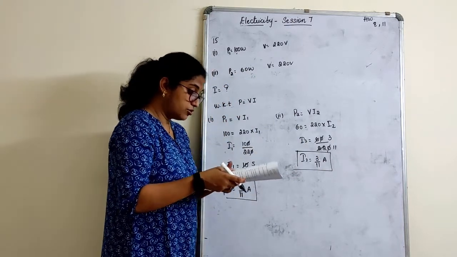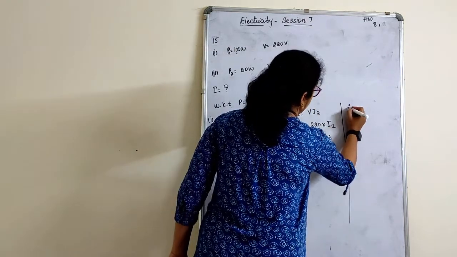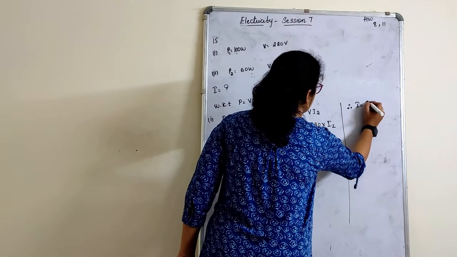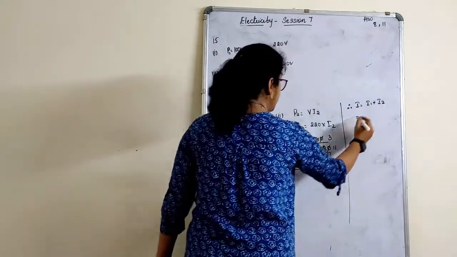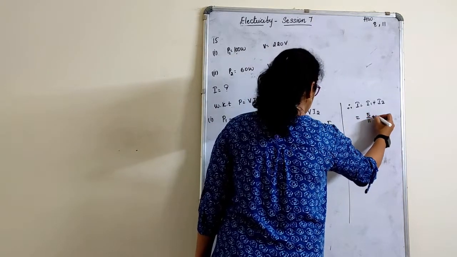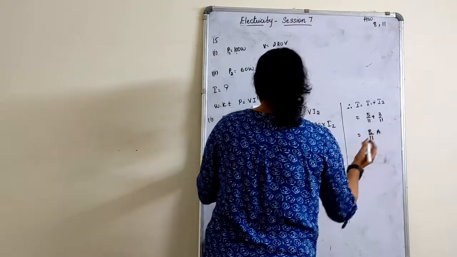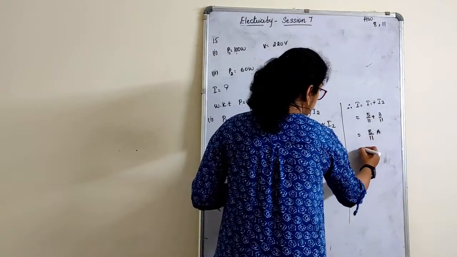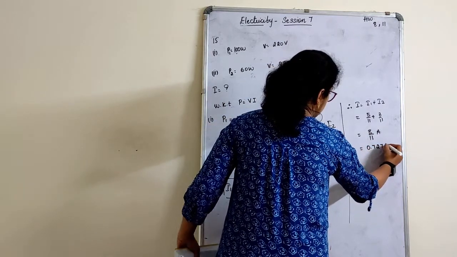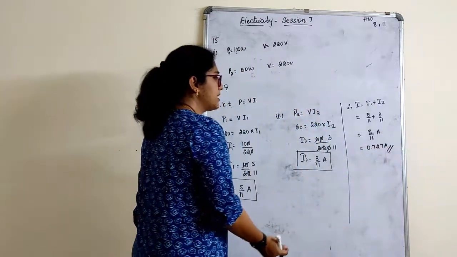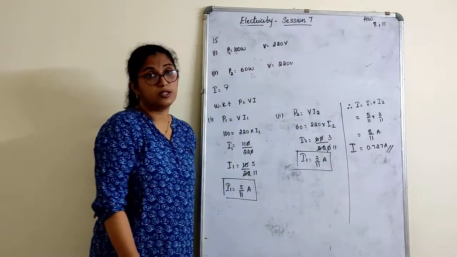What is the current drawn from the line? Therefore I is equal to I1 plus I2, so 5 by 11 plus 3 by 11, which is 8 by 11 ampere. You can keep this answer as it is, or 0.727 as a direct answer. The total current drawn in the line. This will be the answer.